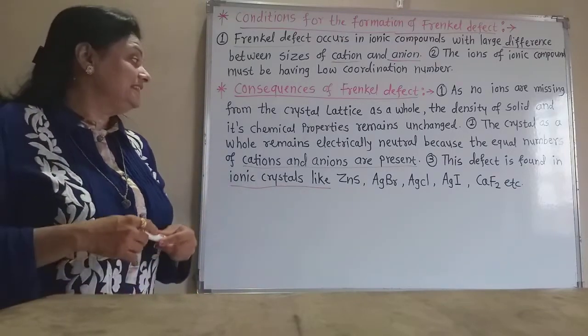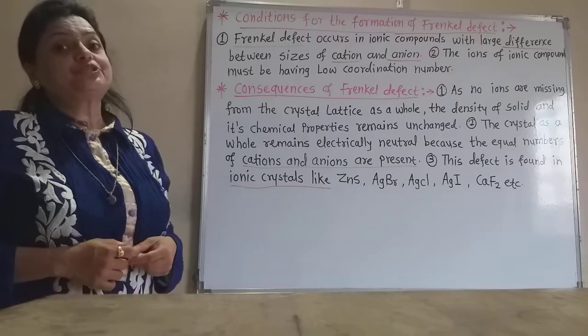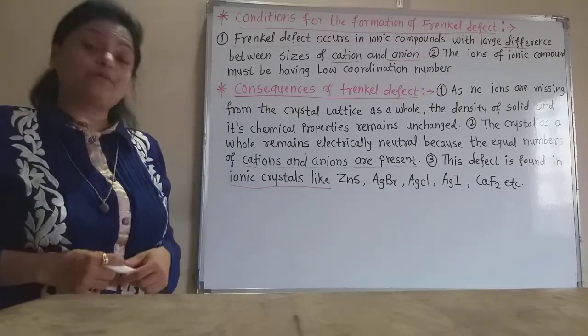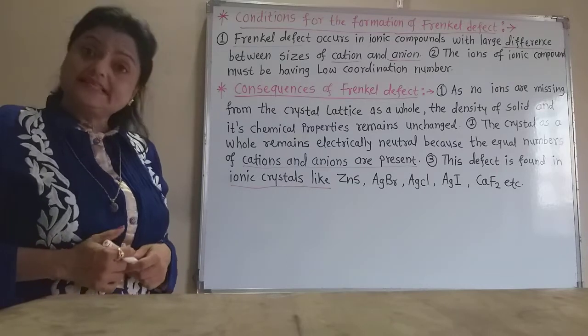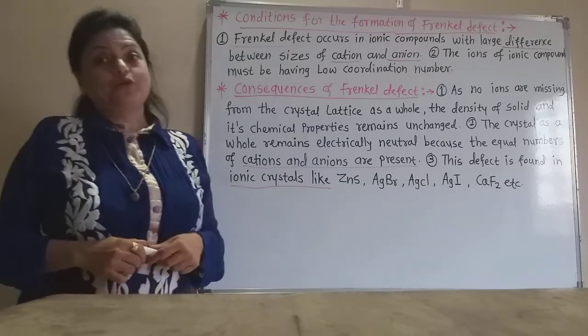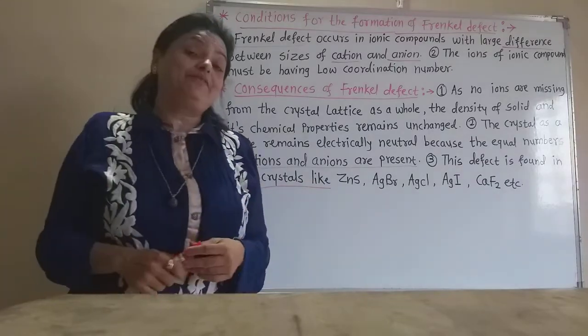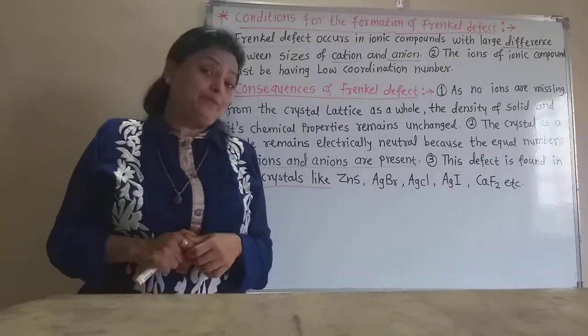So generally the Frenkel defect is found in these ionic compounds. Now students, this is the Frenkel defect, which is the fourth point defect.